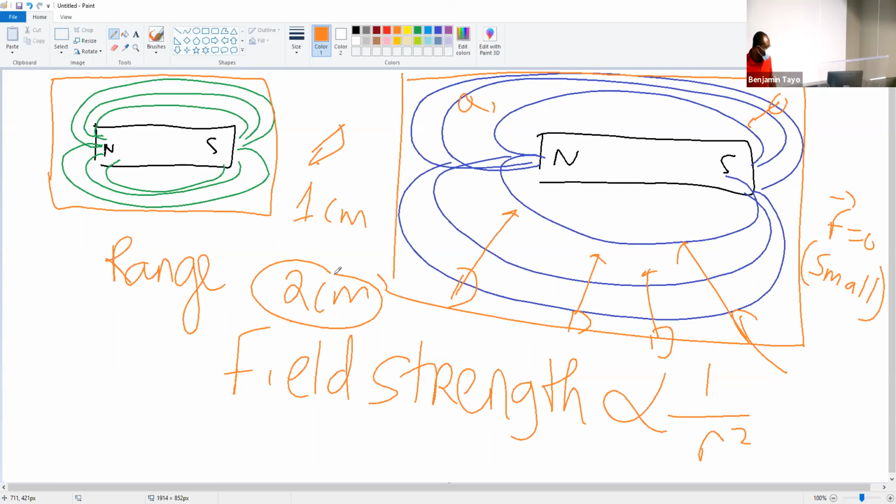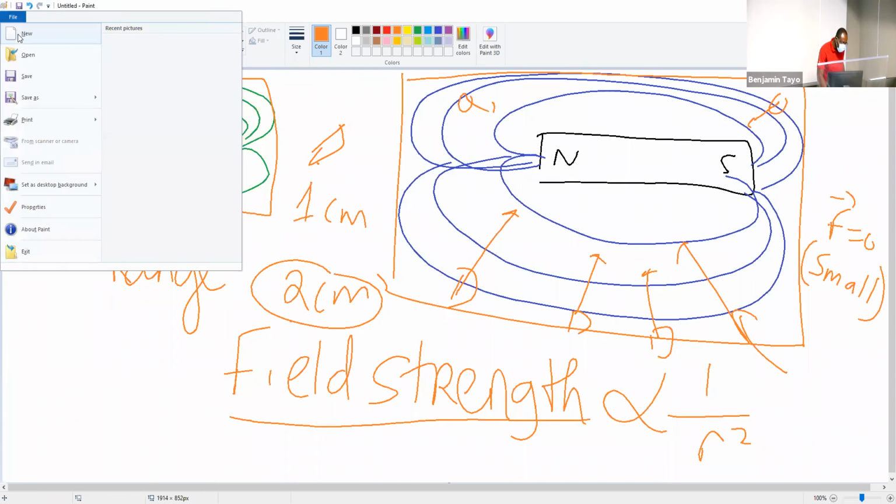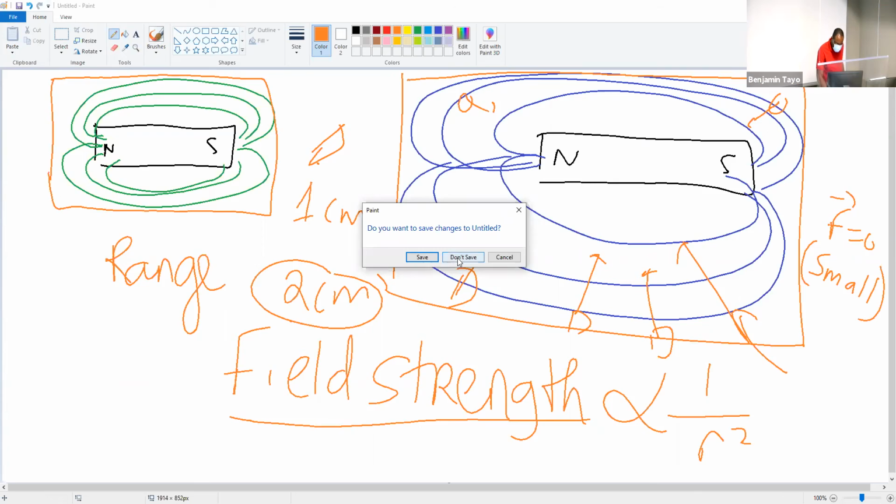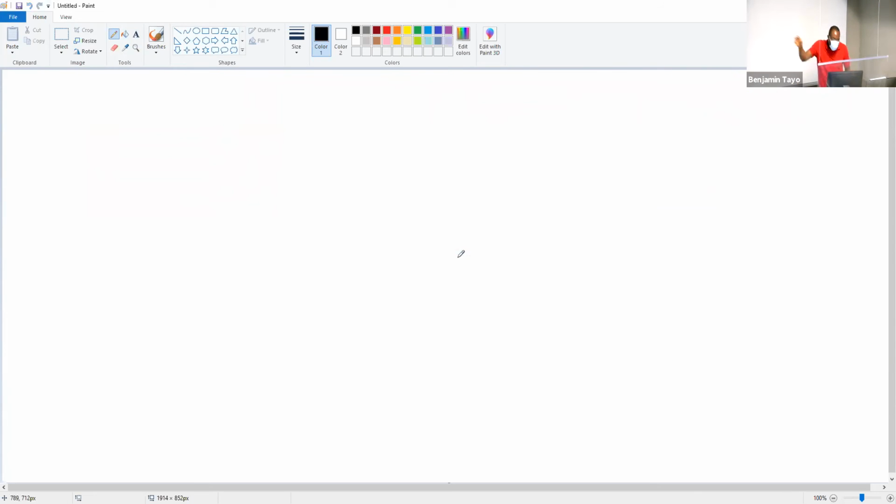Now, this concept here, the field strength, again, this is what is very useful because I'll just show one example here. So now I've shown you a magnetic field. Let's look at gravity because gravity is also something that we can easily understand.